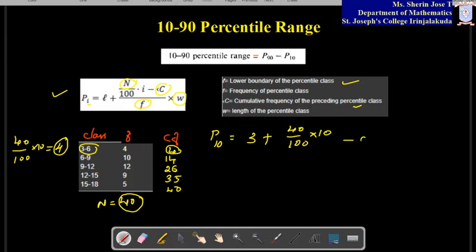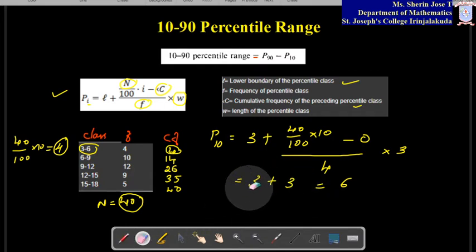So preceding class is not there. The frequency is 0. Divided by f will come, frequency of this class is 4. So 4 I have written into length of this percentile class, that 6 minus 3 is 3. So this is equal to, what you can write, 3 plus 4 by 4 is 1, 1 into 3 is 3. So this is equal to 6. So your P10 is coming as 6.